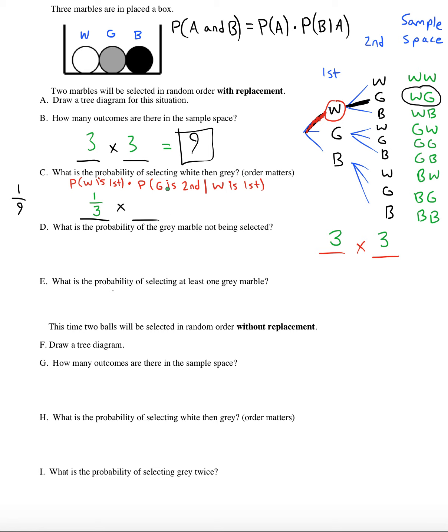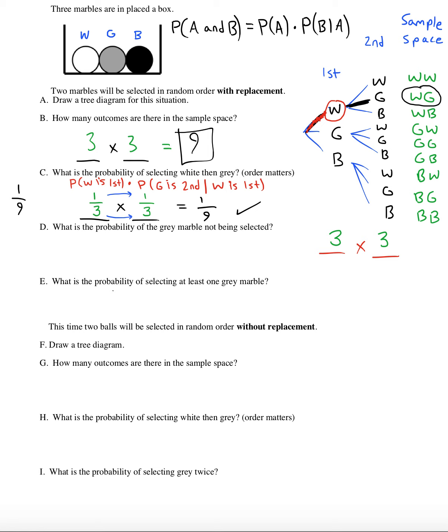We can see from the tree, it is a 1 in 3 chance. Now we'll actually just multiply those. When you have multiplication of fractions, though, you want to multiply the denominators together and then multiply the numerators together as well. So we'll get 1 on top and 9 on bottom. It worked. It did give us the correct probability.